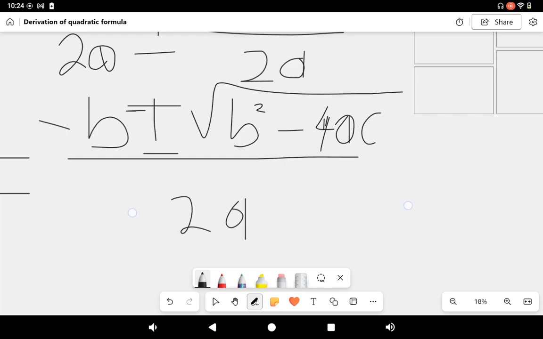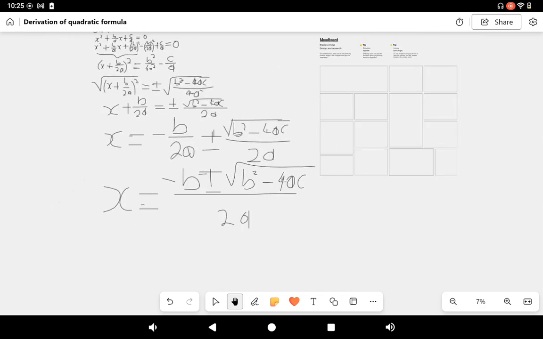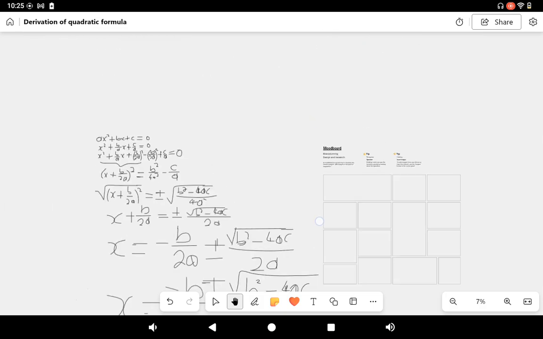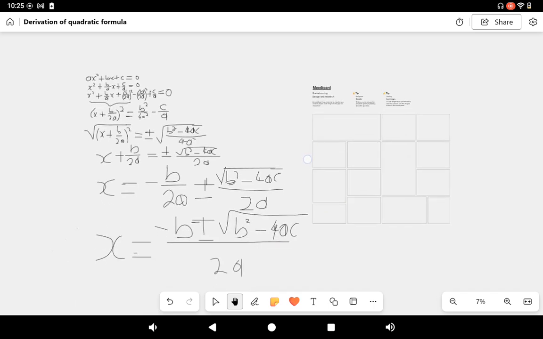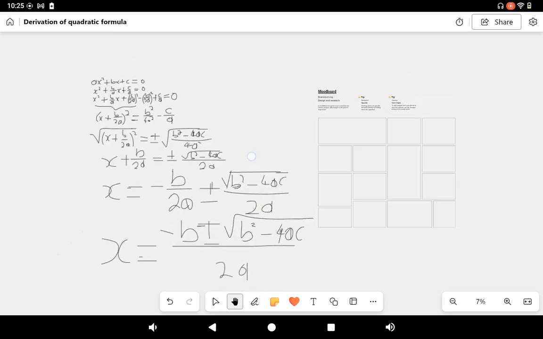And by the way, this is our quadratic formula here. Right here we have our quadratic formula. So this is how you derive a quadratic formula from your quadratic equation.